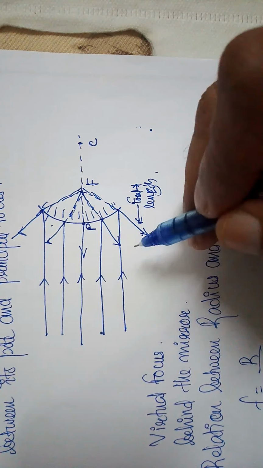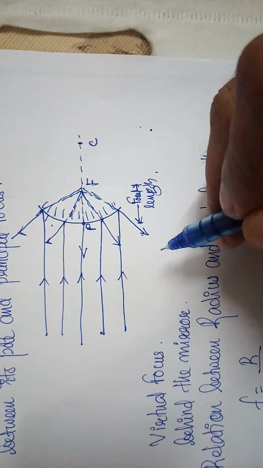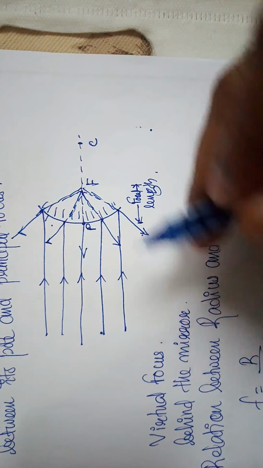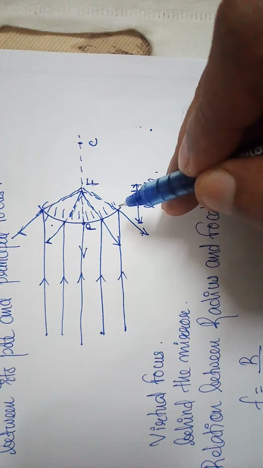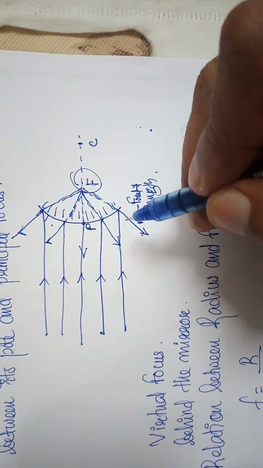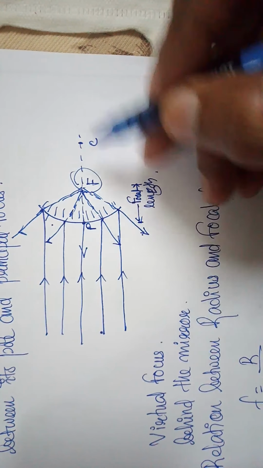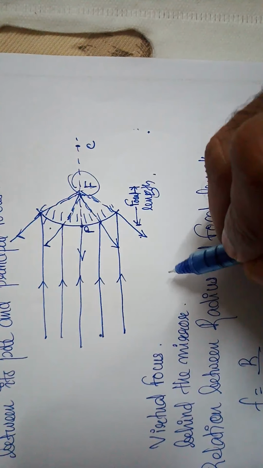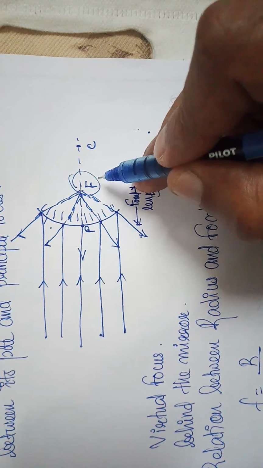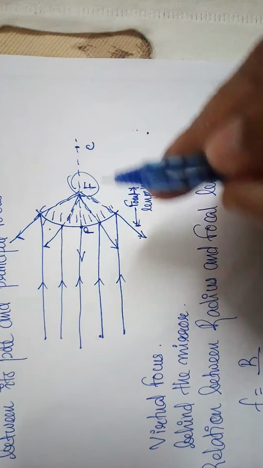Now, a person who is looking into the mirror from the side sees all the reflected rays appearing to come from the point F behind the convex mirror. This point F is the principal focus of the convex mirror.